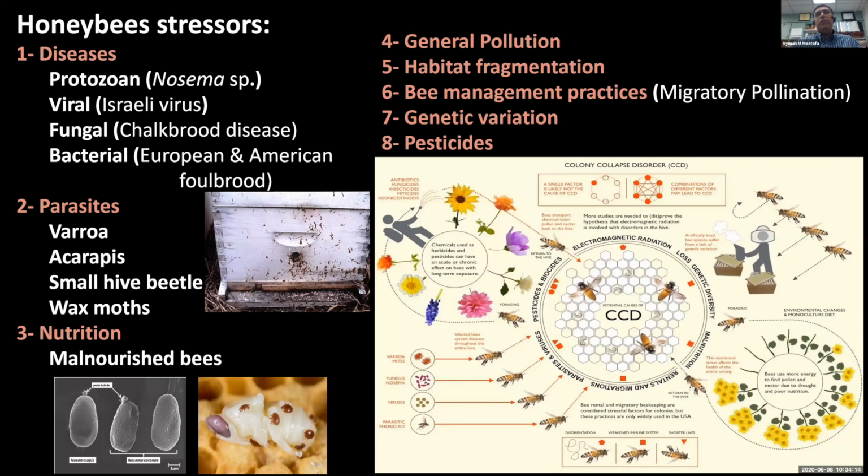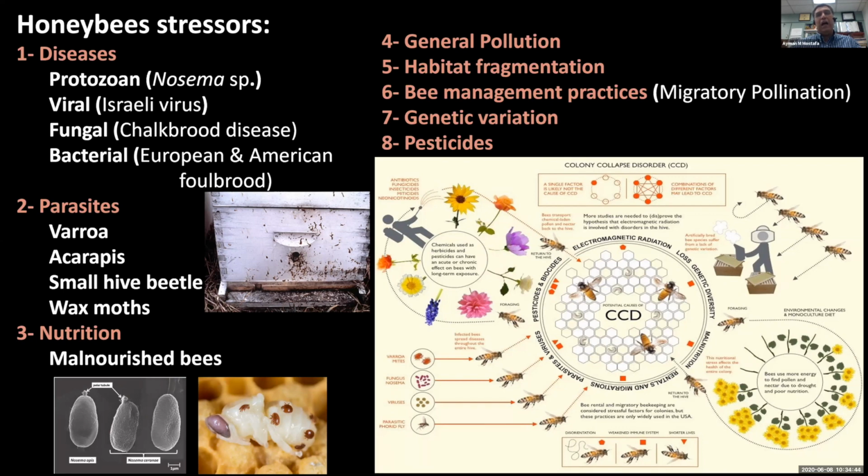Adding to that, some of the management practices, like migratory pollination, are huge. We have about 1.2 million acres of almonds in California, mostly in the Central Valley and some of the other small valleys around. In a very short time, between maybe February and April, each of these acres needs at least one hive, sometimes two.